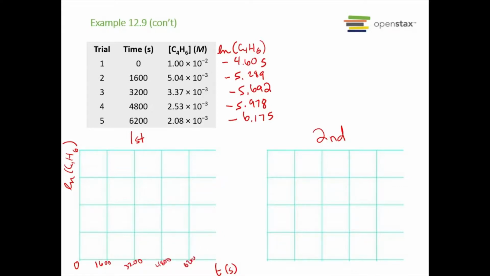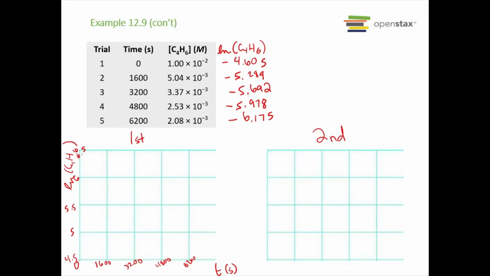For our y-axis, these aren't the prettiest numbers to deal with, so we're going to start at 4.5. That'll be better. So 4.5. This is 5. This is 5.5. 6. This is 6.5 up here.